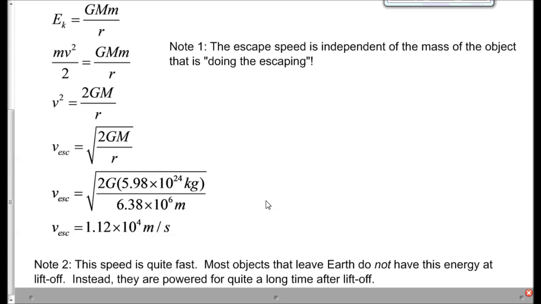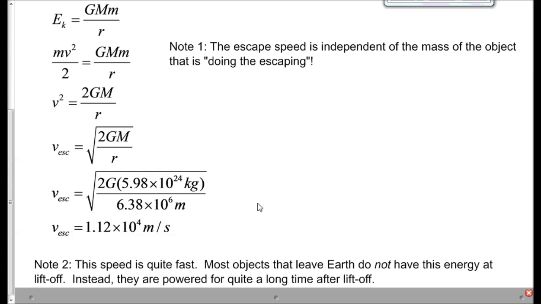So what that means, sort of, if you wanted to jump and escape physics, jump off the surface of the Earth or wherever the heck you are right now, you'd have to jump at 11 kilometers per second straight up. And of course, we hopefully realize that that's an incredibly fast speed in terms of day-to-day life.